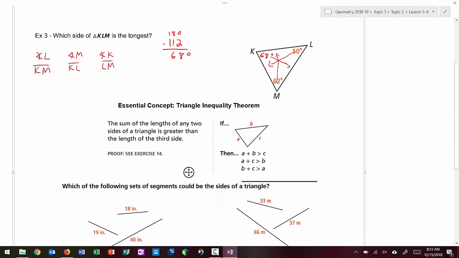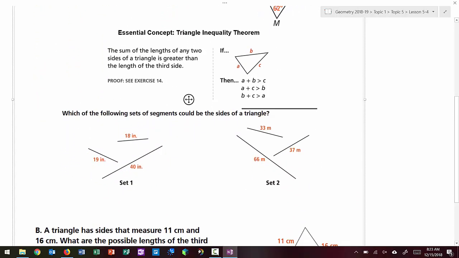And that leads us to this main other concept here, which is called the triangle inequality theorem. And it tells you that in order for you to have a triangle, any two sides of the triangle have to add up to more than the third side. And this is just kind of an easy one to look at. If you picked 3 items and this didn't work, you couldn't build a triangle. So if we look at this set 1 here, if we added 19 and 18, we'd get 37. 37 is less than 40 inches.